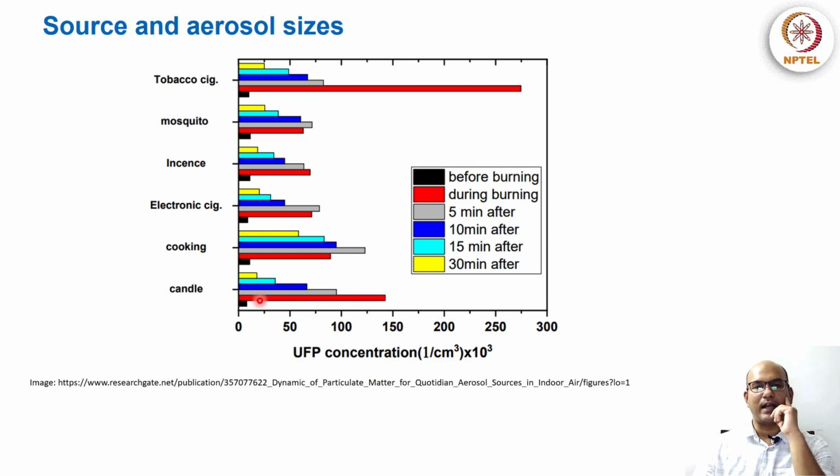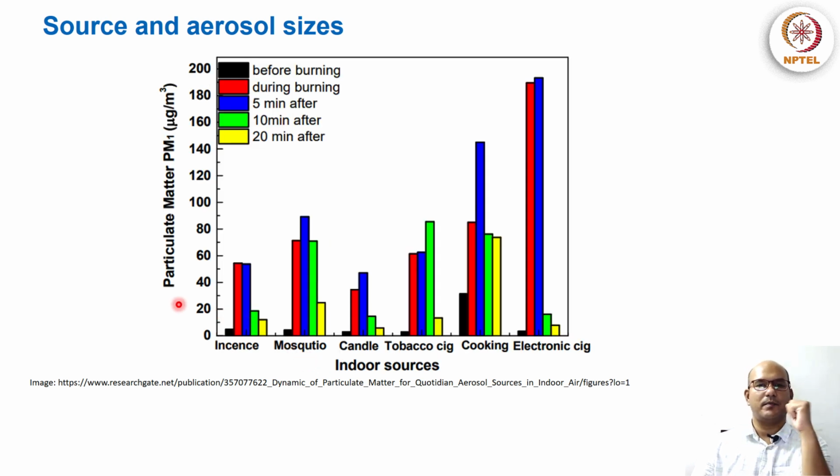Then we have candle. Immediately during the burning the concentrations are almost 12 to 15 times, and they rapidly decrease up till 30 minutes. These are ultrafine. Similar behavior is seen for PM1. In PM1 we will go from incense. Again the incense burning will increase the PM1 concentration by approximately more than 5 times.